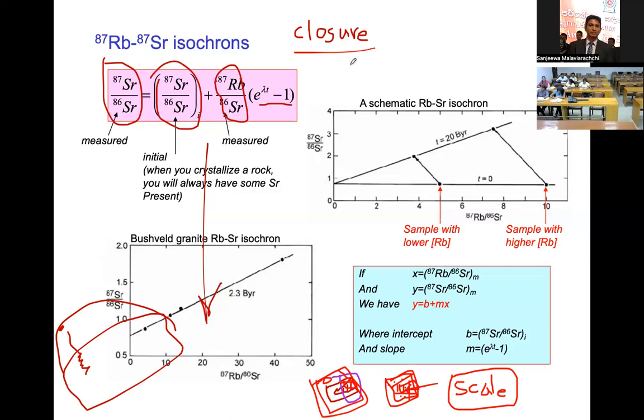Because if the temperature is too high, exceeding this closure temperature, the initial rubidium and the existing rubidium and strontium will get all distorted, and some rubidium may go out from the system, from the mineral or rock or whatever. Then we call this isotopes get reset. That means this initial ratio will be disturbed.